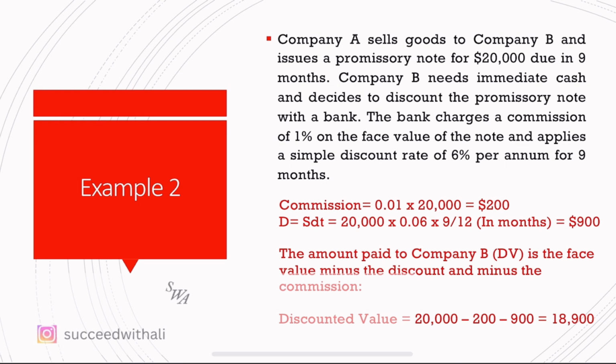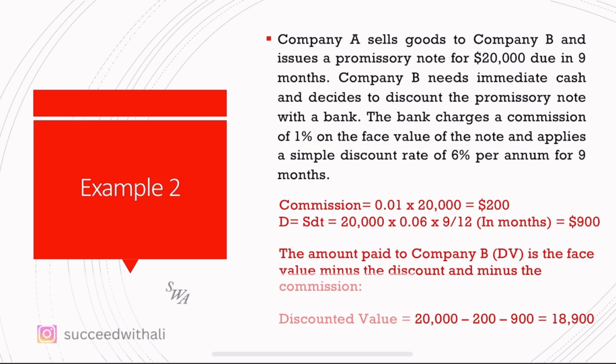Commission is 0.01 times $20,000, which is $200, and D is equal to S times d times t, which is $20,000 times 0.06 times 9 over 12, because it's in months. So that'll give us $900.